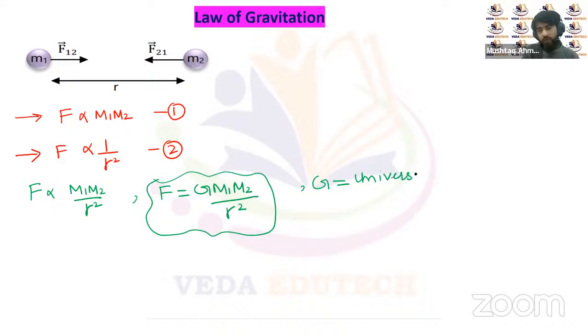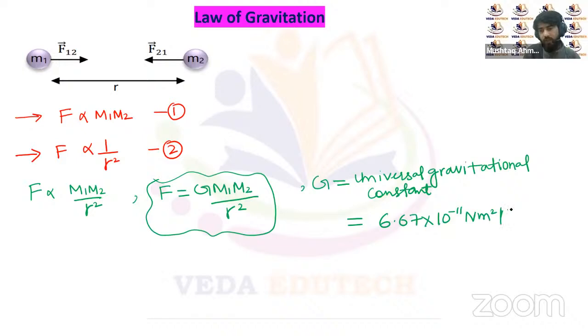Why is it universal? Because its value is the same anywhere in the universe. Its value has been calculated as 6.67 into 10 to the power minus 11 Newton meter square per kg square. This is the value of what we call the universal gravitational constant.